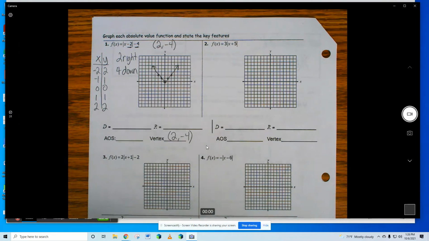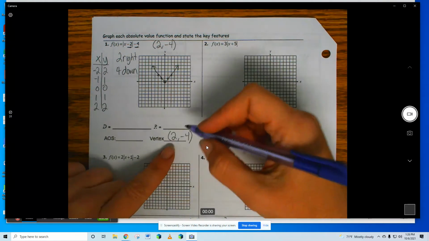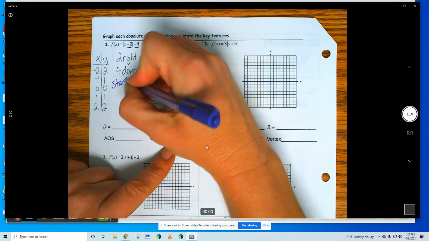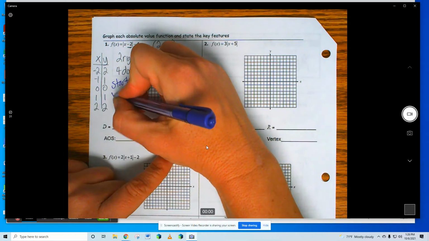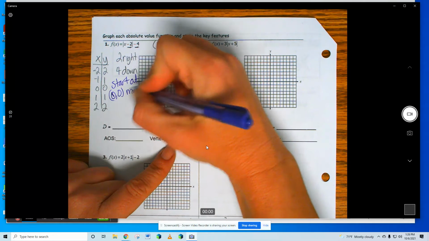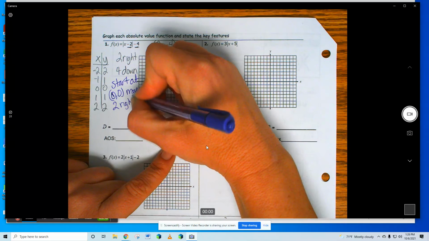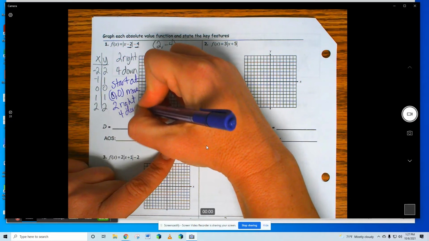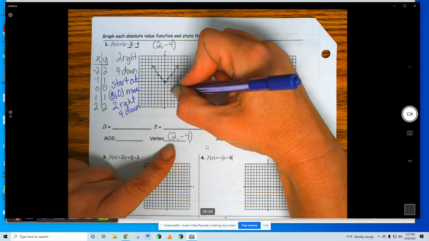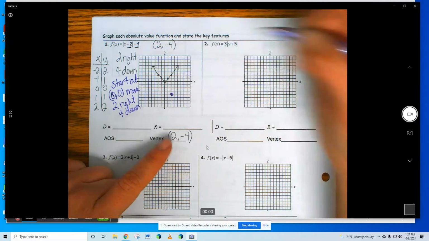So start at the vertex at 0, 0. Move 2 to the right and 4 down, and make your new vertex at 2, -4.